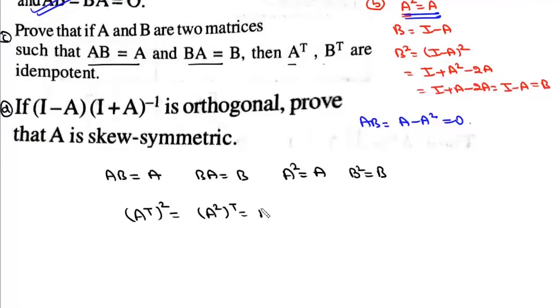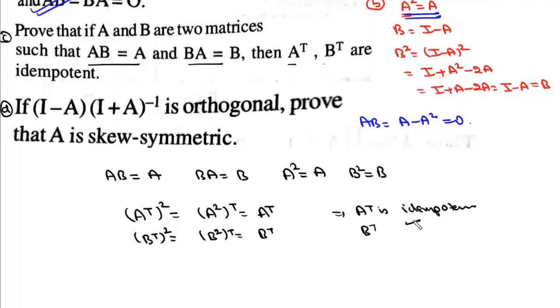Now A square is A, so A transpose square will be equal to A transpose. That means A transpose is idempotent. In the same way, B transpose square will be B square transpose, and there will be B transpose. That means B transpose is also idempotent.